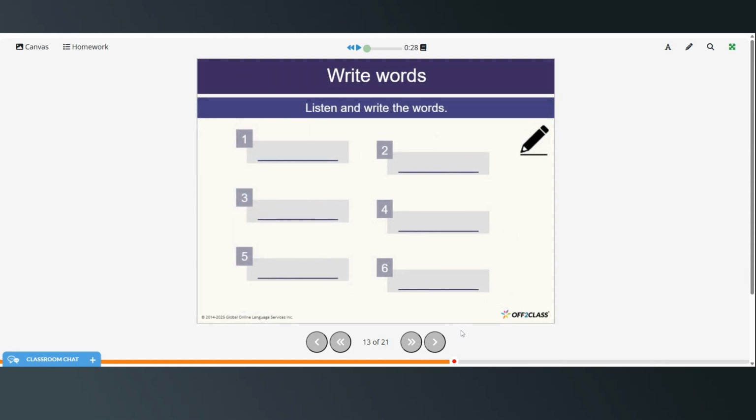All right, now listen and write down the words that you hear, and then I'll play the second time to fill in the correct answers.